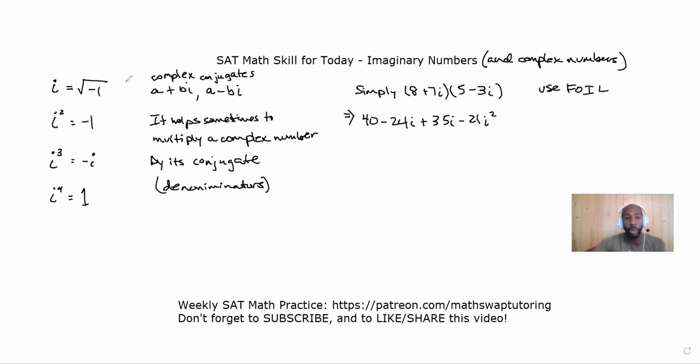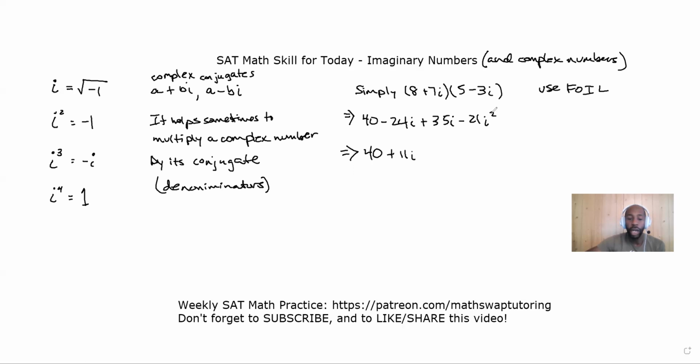Pay attention to that i squared. Remember, i squared is going to be negative 1. So we want to keep that in mind when we go to this next level. Let's combine like terms. 40 has no like terms. Negative 24i plus 35i, so that's 35i minus 24i, which gives us a positive 11i.